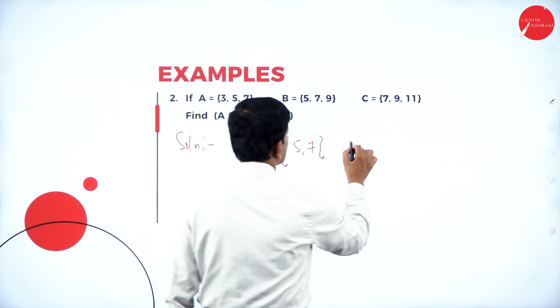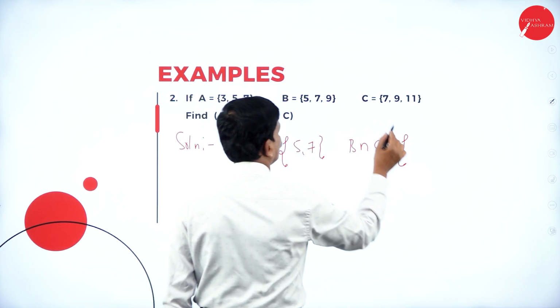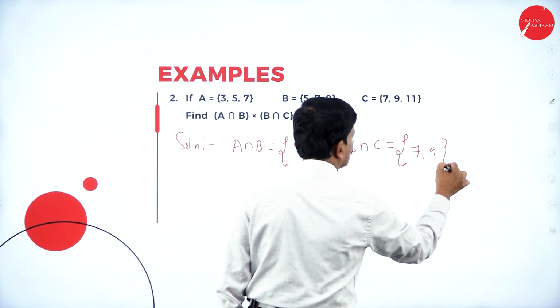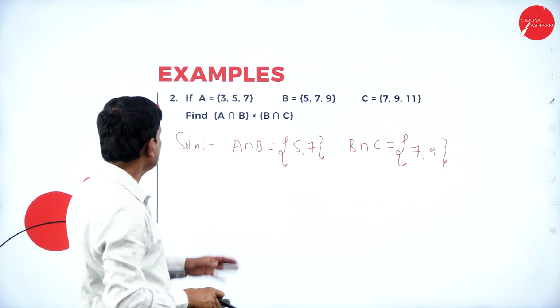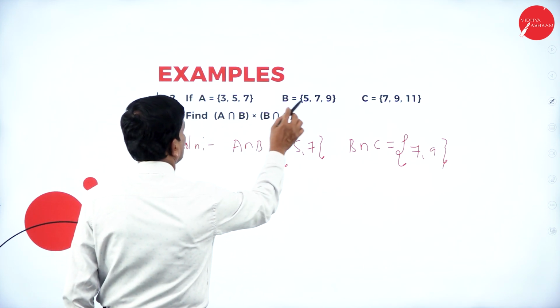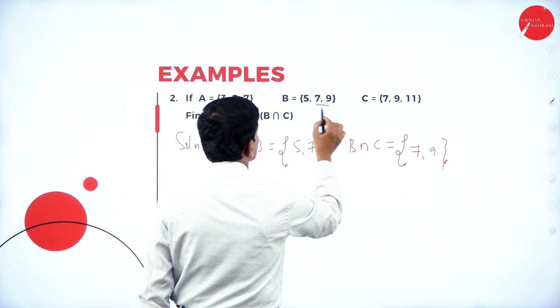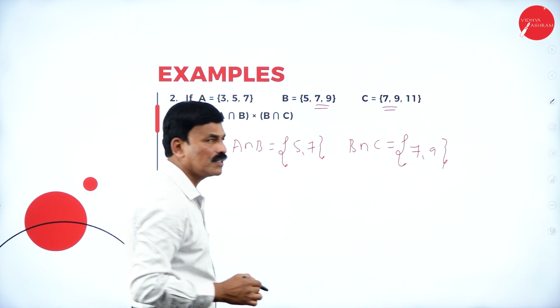Similarly, B intersection C, the common in B and C, is 7 comma 9.